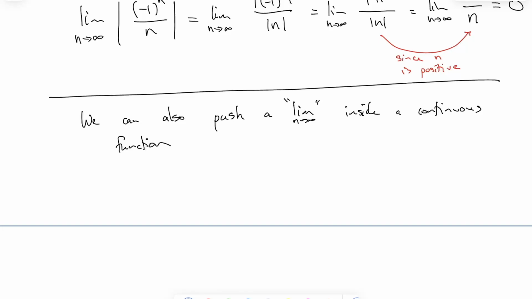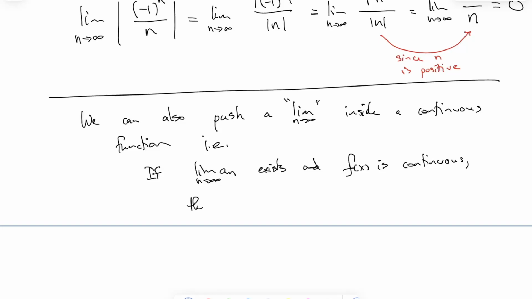So what I mean by that is, specifically, if lim of a_n exists and f of x is continuous, then the lim of f of a_n is the same as f of the lim of a_n.